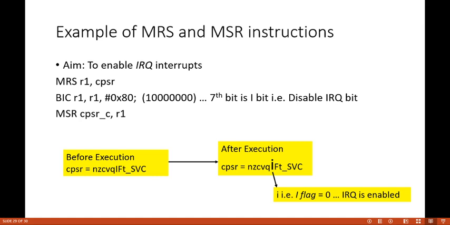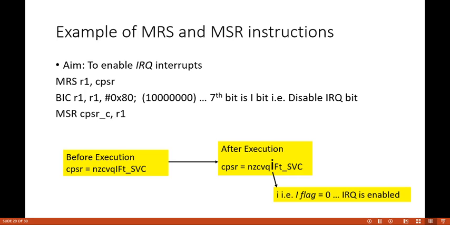So what will happen? Before execution of the instruction, this I bit is 1, meaning it is disabled. After execution, this I bit is made 0. When this flag is made 0, it means IRQ is enabled. So using MRS and MSR, we have accessed a particular bit of the CPSR. Remember, we haven't modified anything else.